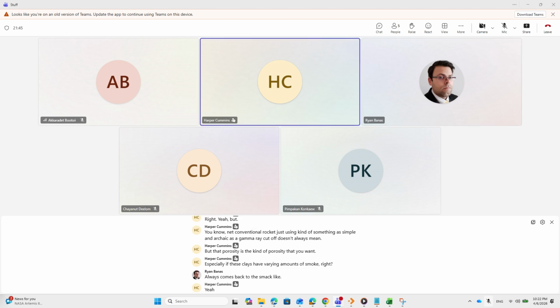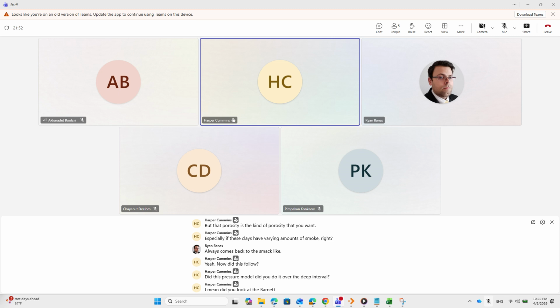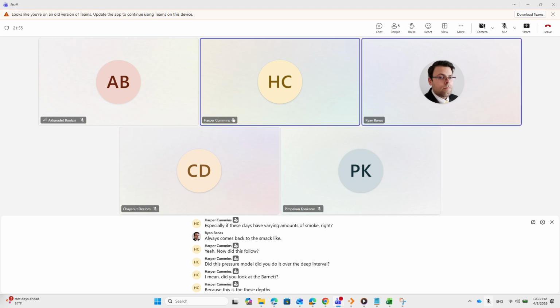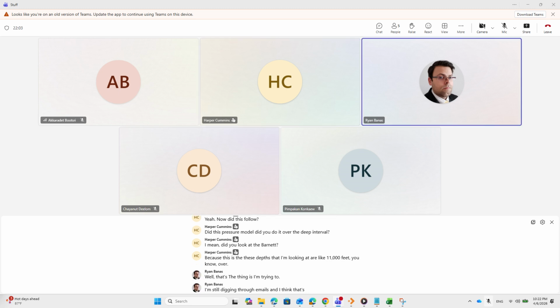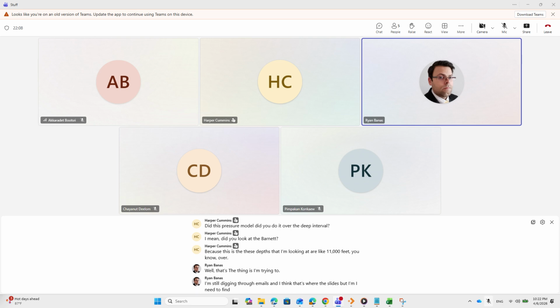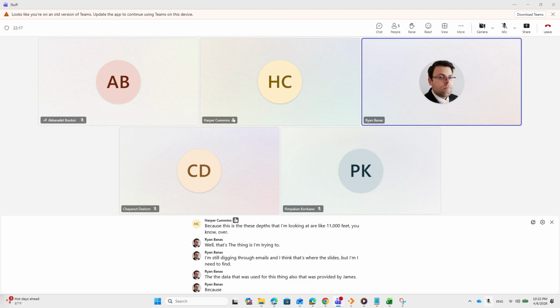Did you do this pressure model over the deep interval? I mean, did you look at the Barnett? Because the depths that I'm looking at are like 11,000 feet. Well, that's the thing, I'm still digging through emails, and I think that's where this lives. I need to find the data that was provided by James, because that'll answer some of those questions.